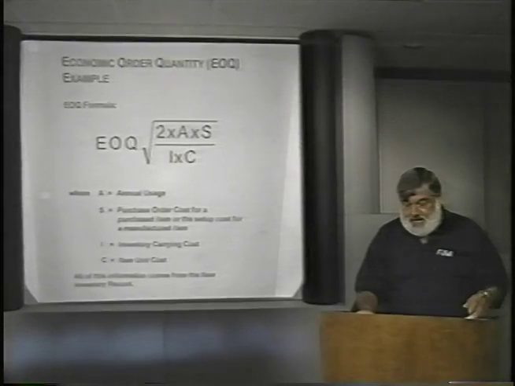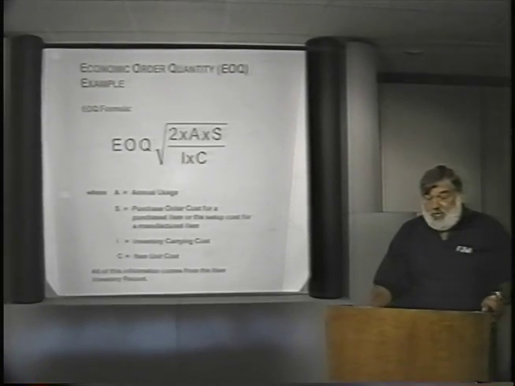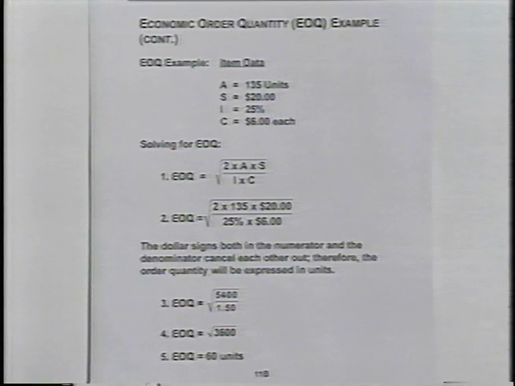And continuing on page 11B, we're showing you the data for an EOQ example where A is equal to 135 units, S is the purchase order cost of $20, I is the carrying cost of 25%, and C is the unit cost of $6.